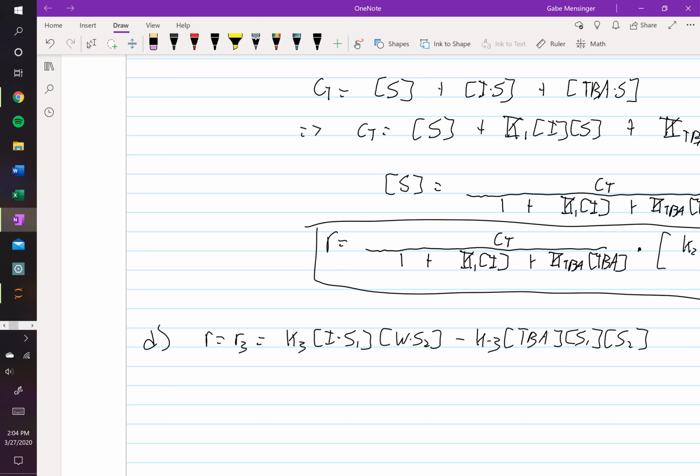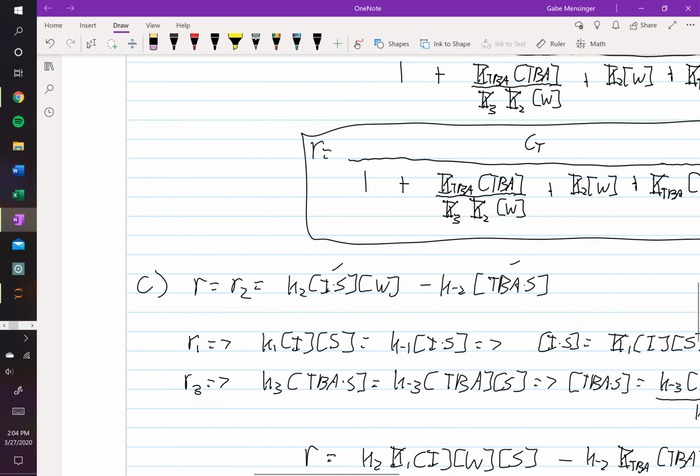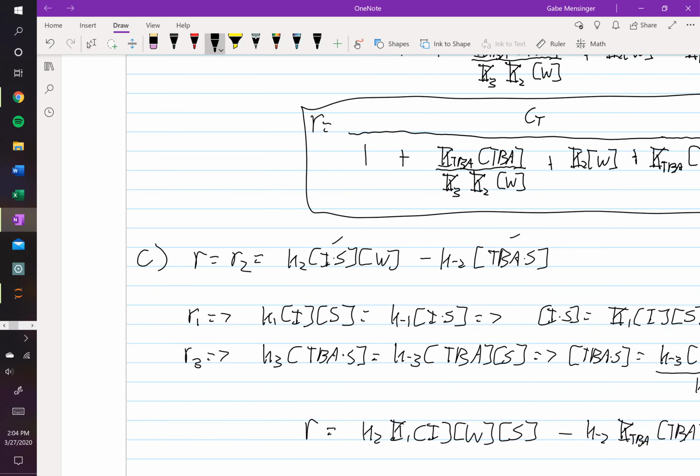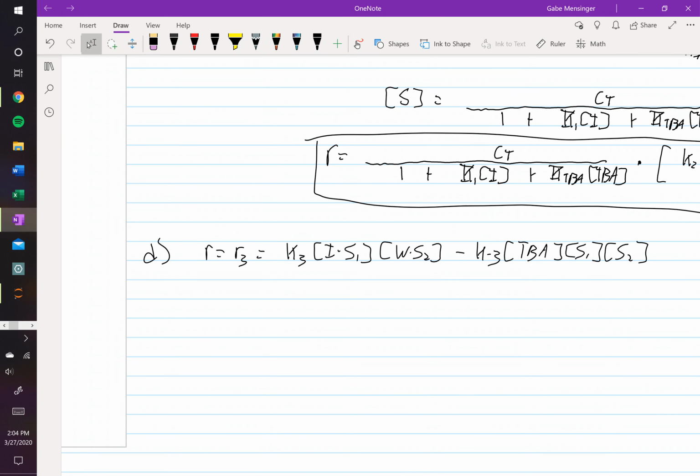We only have I on surface 1. If, let's say, we had W times surface 1, then we should divide by the total number of sites. But we only have one species on one site. That's the same as saying we only have one term, like in part C. So because they're different, there's no need to divide by that.